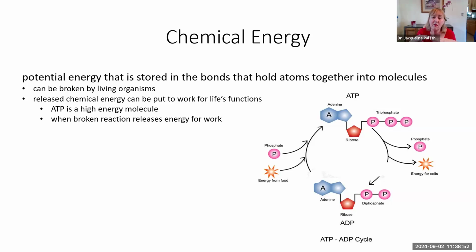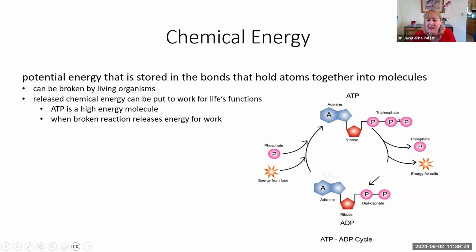And then that chemical energy, when it's released, can be put to work, whether it's for muscle contraction or for whatever use the organism needs. In humans, our major source of energy is going to be the ATP molecule we talked about previously: the adenosine, which is the adenine with the attached ribose, and three phosphates, each of which has this high energy bond right here.